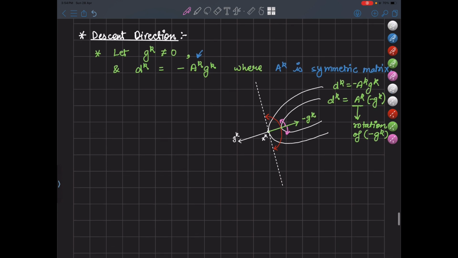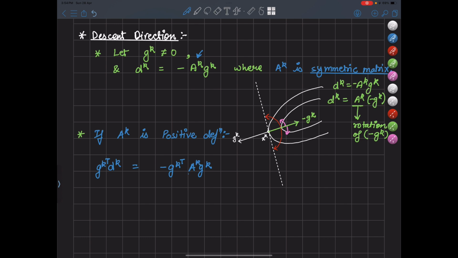Now let's assume that AK is positive definite. What happens? We know that it is symmetric. What if it is positive definite? Let's look at the dot product GK transpose DK, which becomes minus GK transpose AK GK.